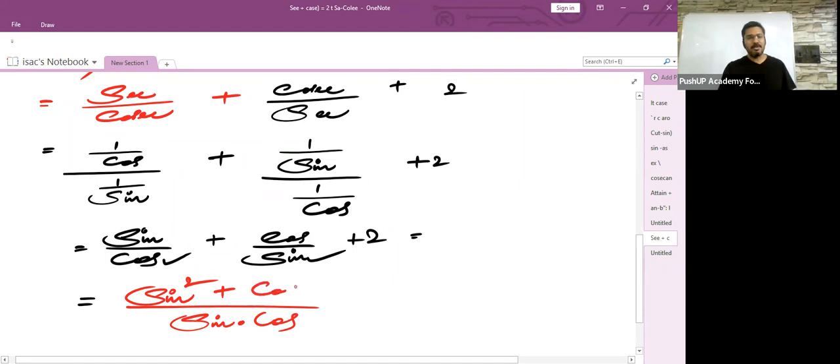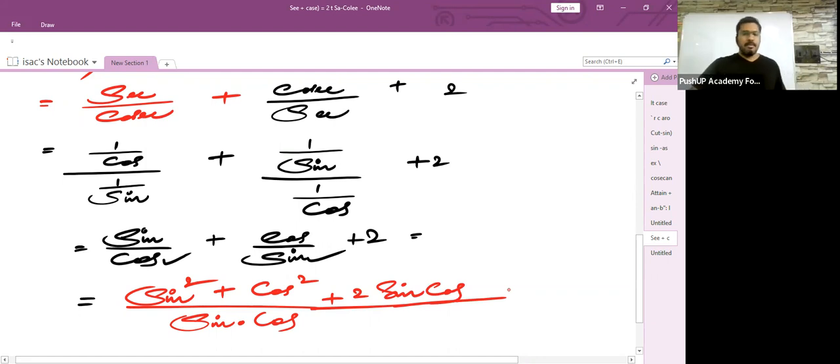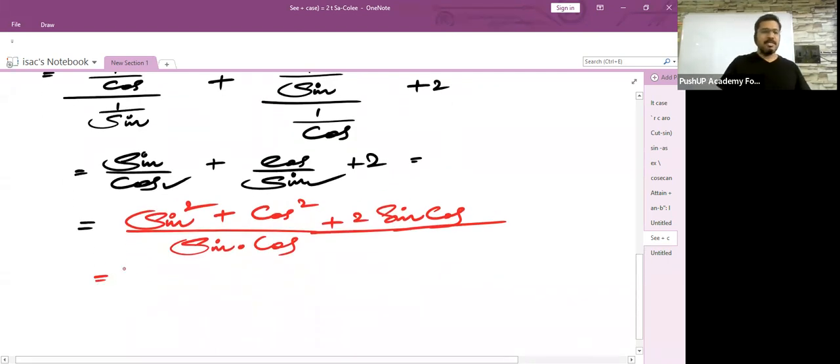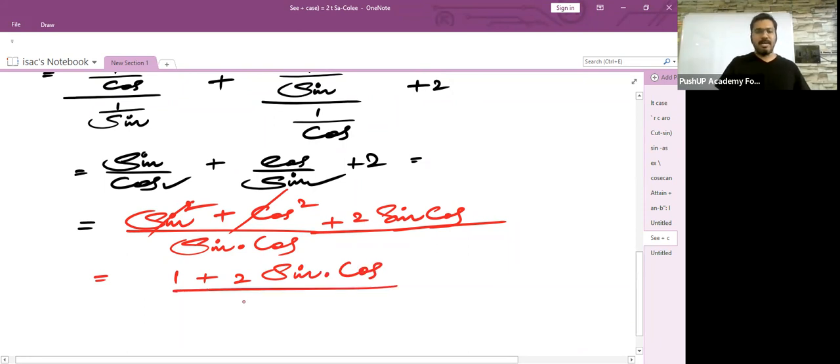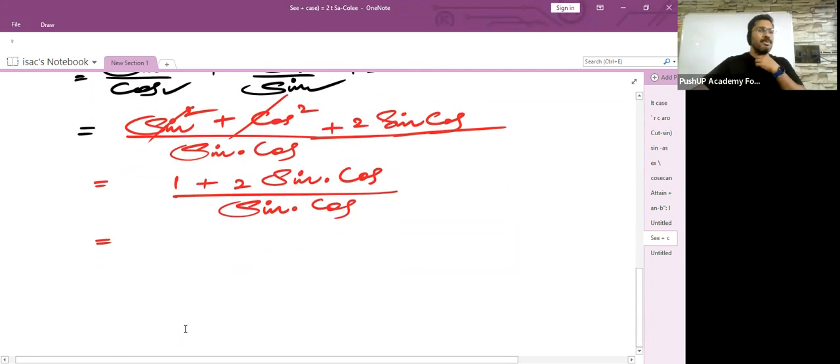Cos into cos is cos square. Put the plus sign, 2 into sine cos, that is 2 sine cos. Now, what is sine square plus cos square? It is 1. So 1 plus 2 sine cos, the whole divided by sine cos. We are getting the answer, children. Let's divide the terms of the numerator individually with the denominator.